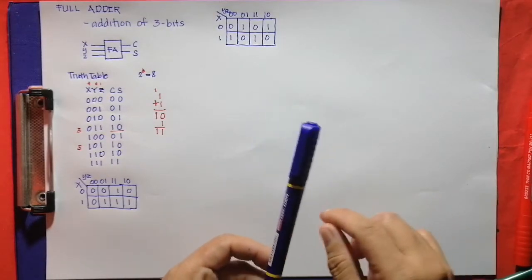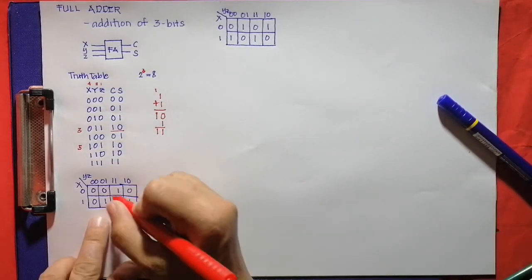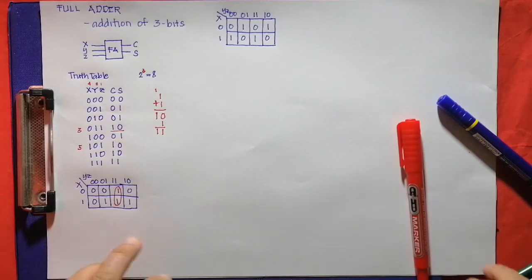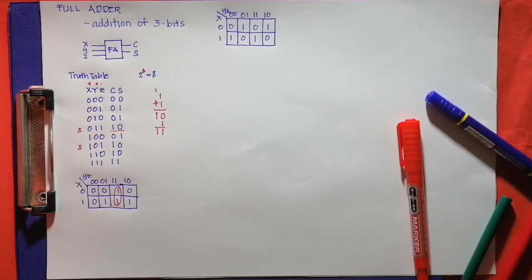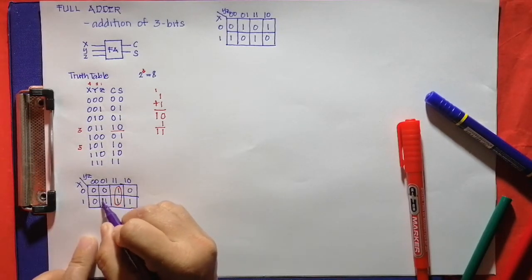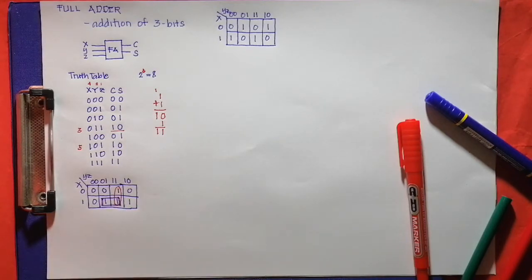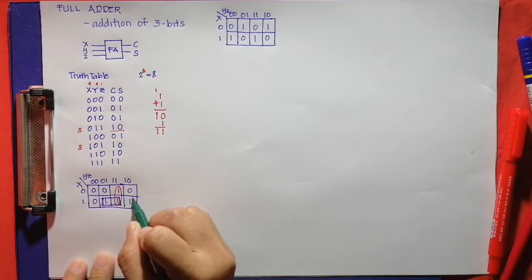equivalent minterm. So this one, we're going to group it this way, and then we're going to have it this way, and then we have here green.